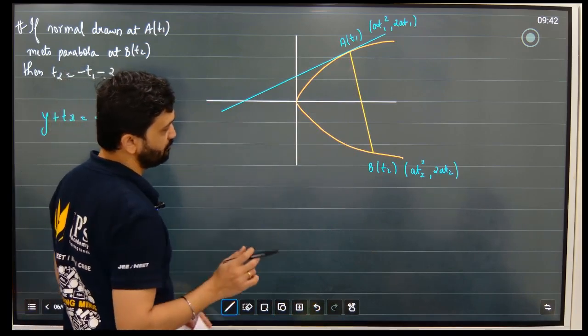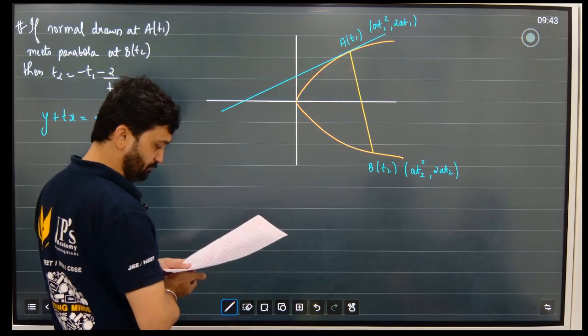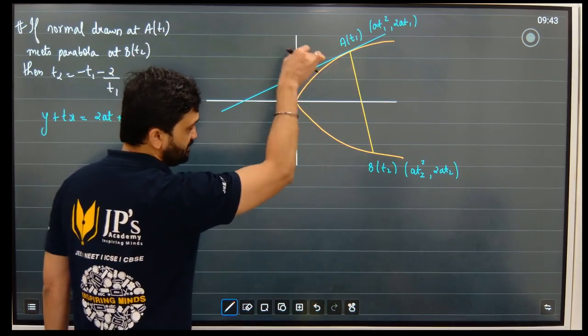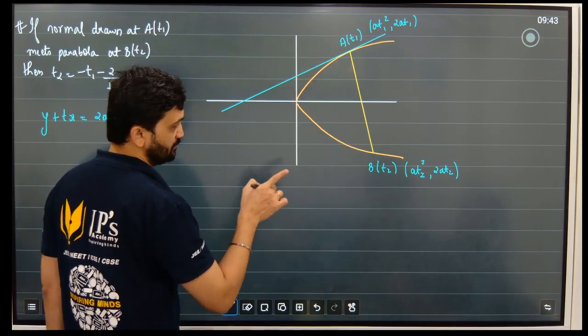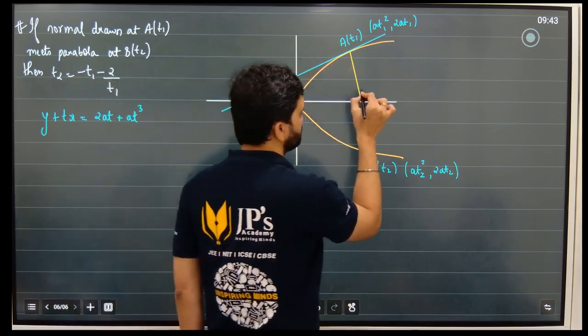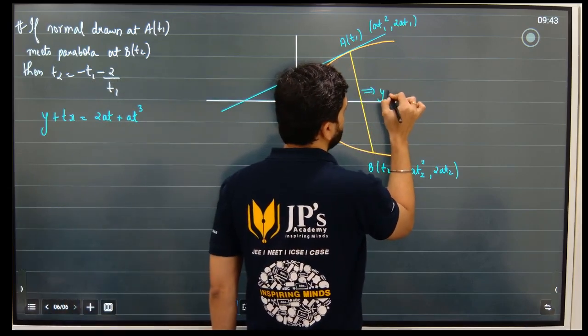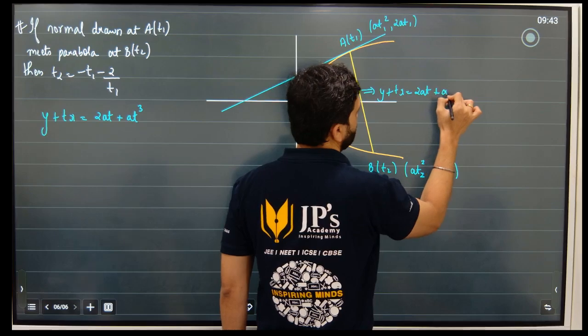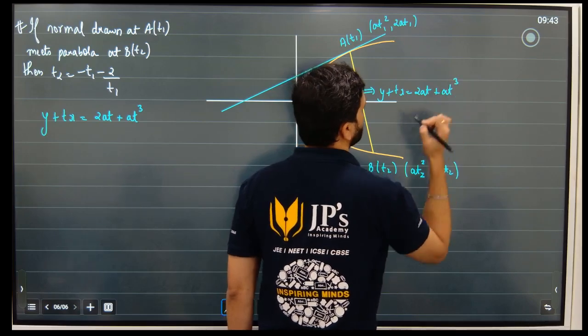Now two points are given to me, At1 and Bt2. This line is passing through B. This is the normal's equation, y plus tx is equal to 2at plus at cube.